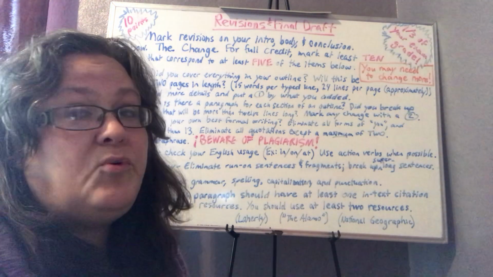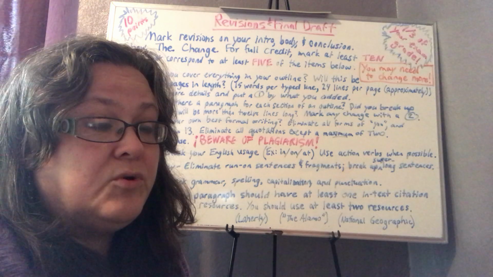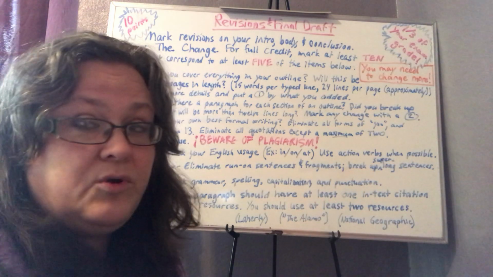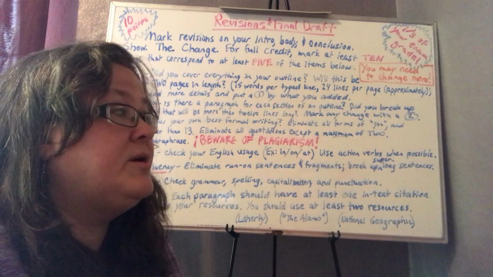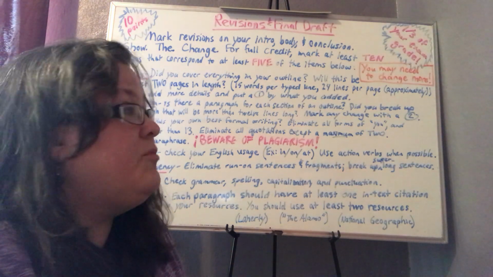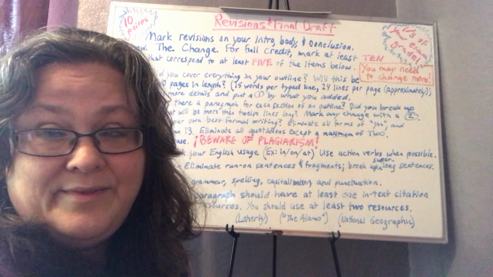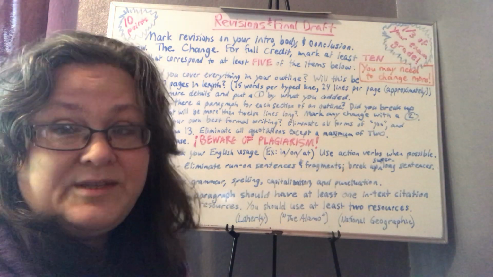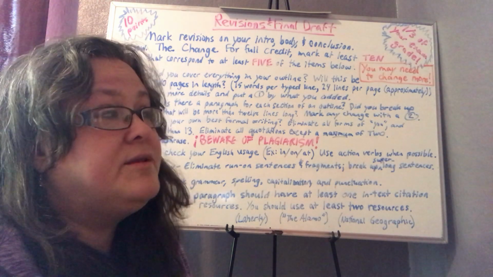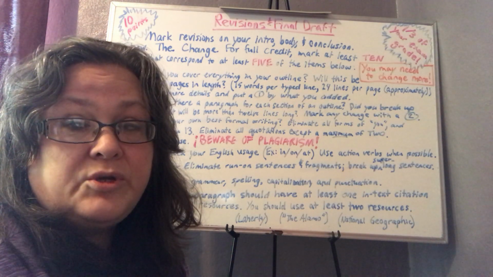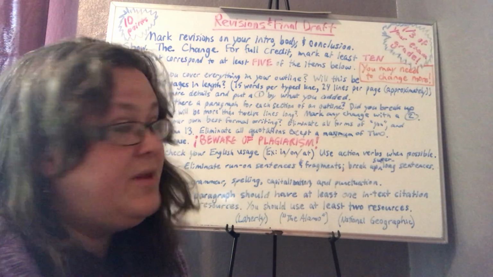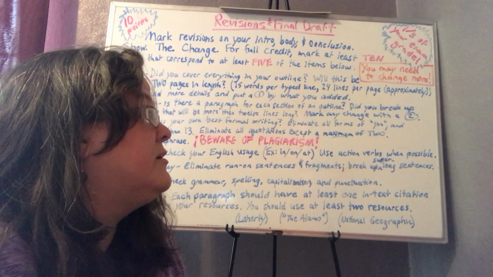And some people, when I say eliminate all forms of the word you, just cross out the word you. And so it reads, there are many things can do on Utila. But that sentence no longer makes sense. So when I say eliminate all forms of the word you, I don't just mean cross it off. I mean figure out another way to say it.